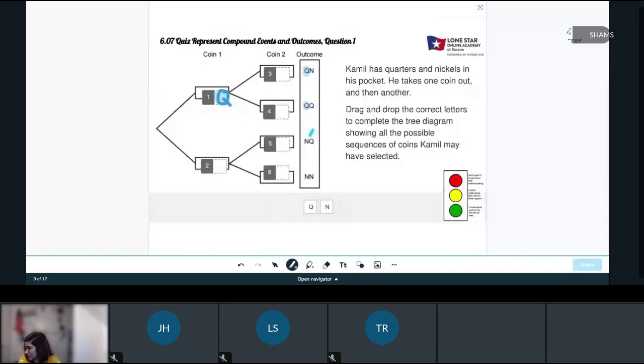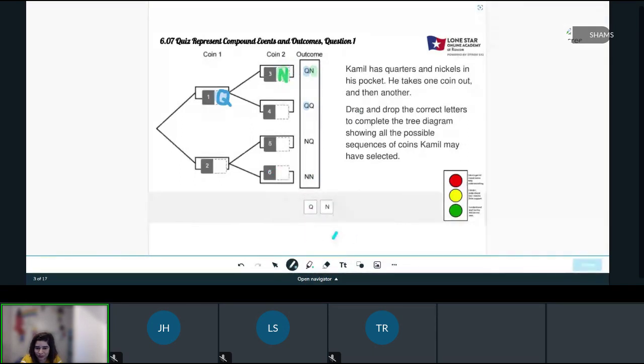Then the next outcome is letter N. Letter N is the second branch that goes here. I'm going to put in letter N over here.